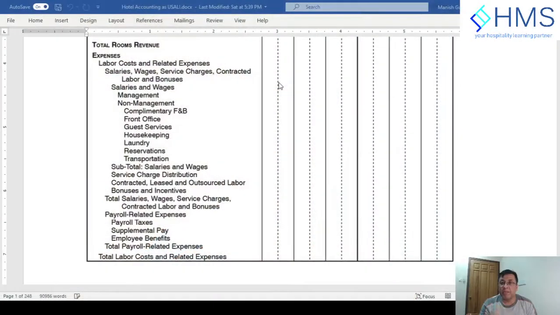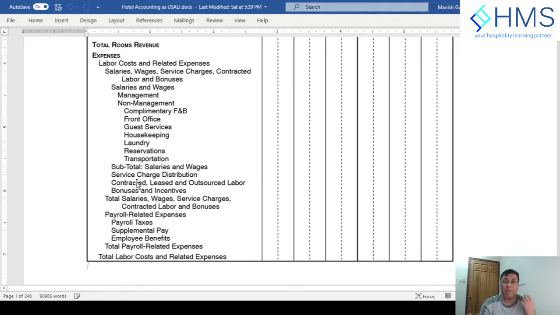The labor cost has further been divided into some categories, which you will see now on the screen. The total labor cost is salary, wages, and service charge, plus the non-payroll related expenses and some other contract labor costs and other.